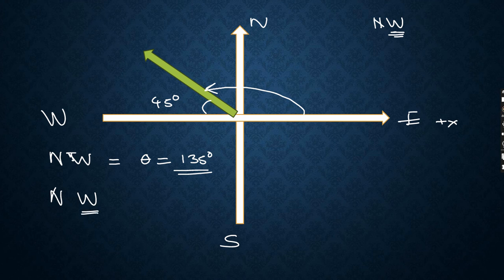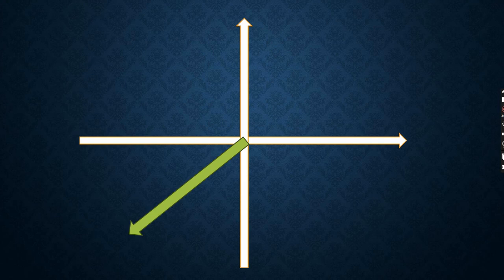Okay, what about if we still have our north here, we have our west, we have our east, and we have our south here. And the vector we are looking for now is southwest. Let's find the vector in the southwest direction.